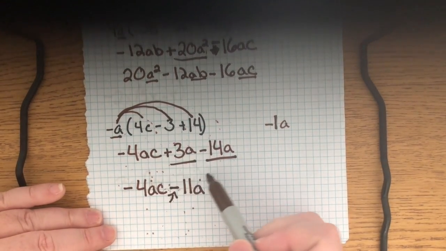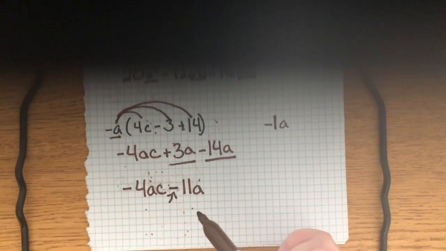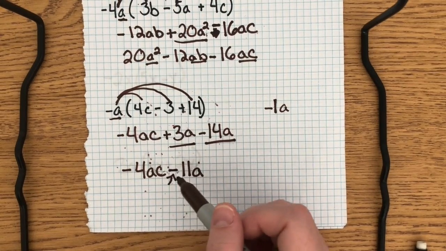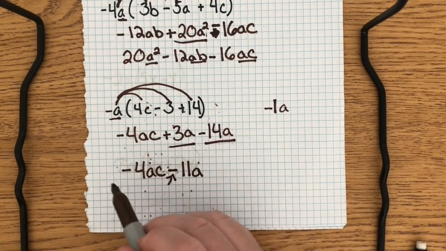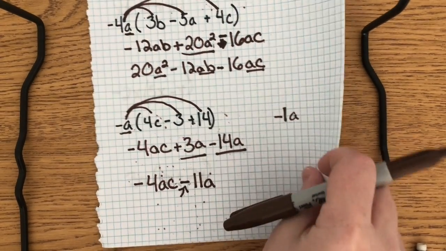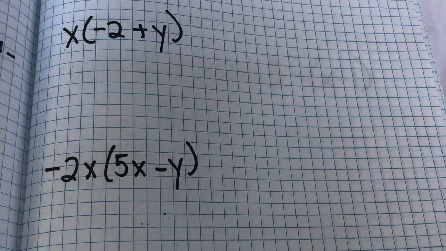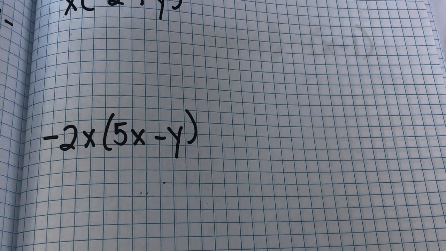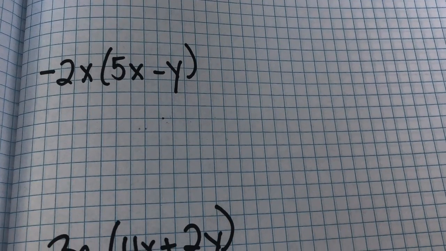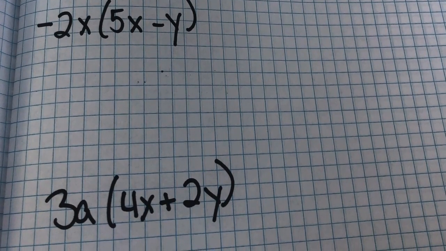When I'm figuring out here, I say it's a negative. When I read the statement, -4ac minus 11a, that's when it turns into that subtraction sign again. So now I want you to pause the video, and you have 4 problems. I want you to try these on your own and see if they make more sense now.